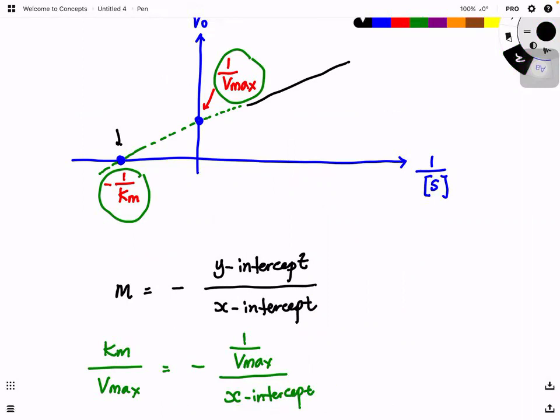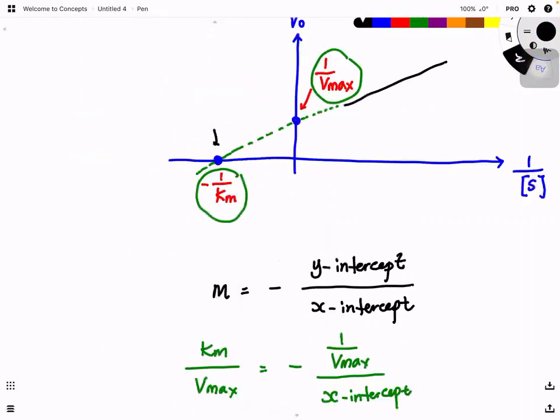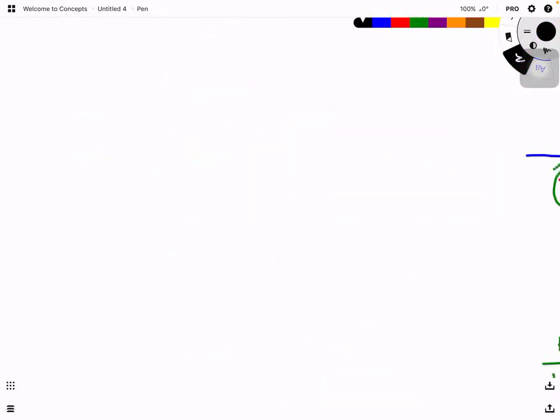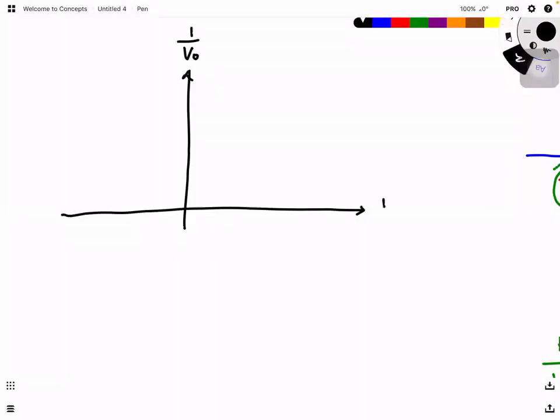So how do I determine Vmax and Km? Now, for example, here, this is a graph where I plot 1 over V naught against 1 over substrate concentration. So if this value is equal to 0.5, for example, and this value, let's say negative 2.0, for example.